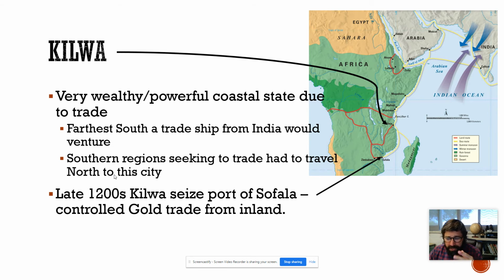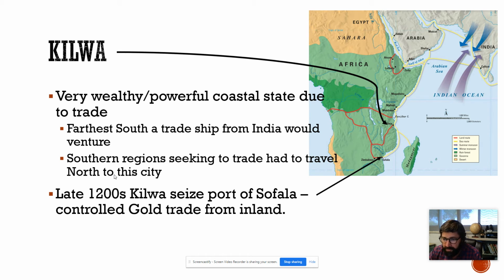In terms of empires, the only one I need you to know in terms of East Africa is the Empire of Kilwa. Kilwa was an incredibly important coastal trading state. It's pretty much the end of the line when it comes to how far the trade ships would go south. And so any product that was coming out of South Africa had to make its way all the way up to Kilwa in order to trade with the people of the world.